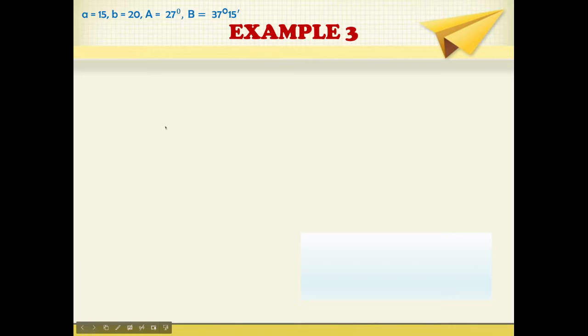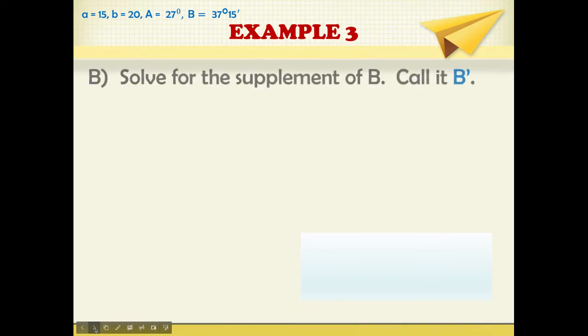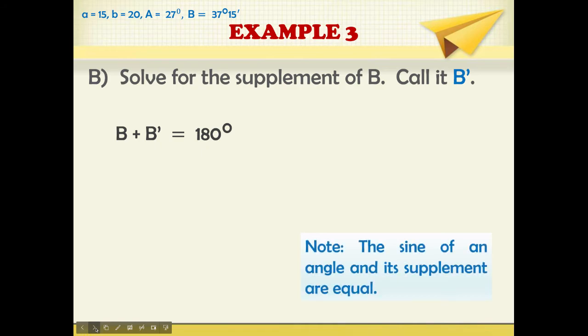So now we know the values for side a, side b, angle A, and angle B. Let us now solve for the supplement of B, and let's call it B prime. Angle B plus angle B prime will be equal to 180 degrees, since the sine of an angle and its supplement are equal.